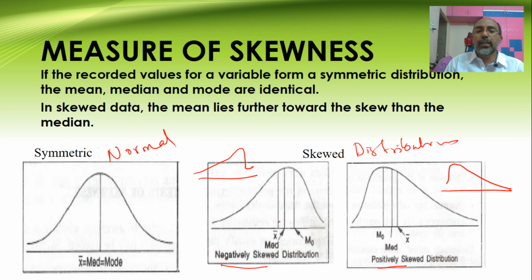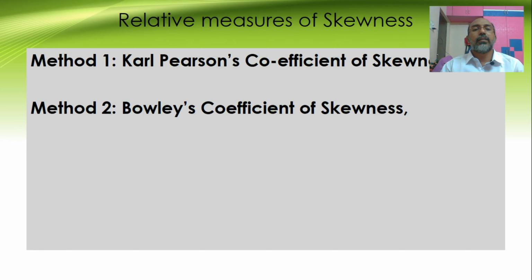Where x bar, median and mode are at different points, whereas here all are at the same point. This is the measure of skewness by the pictorial model.